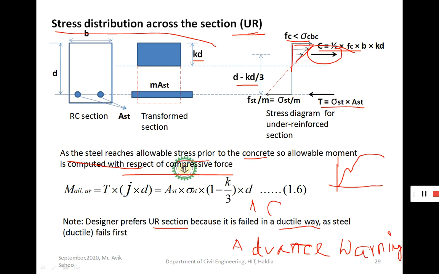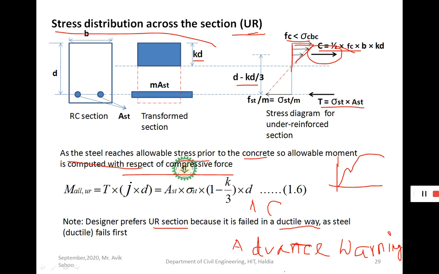It means we can see the structure is going to fail, and so we take some necessary action, either we repair or we leave the place. So here the failure does not occur suddenly. The failure happens gradually, and that's why we will get an advance warning.